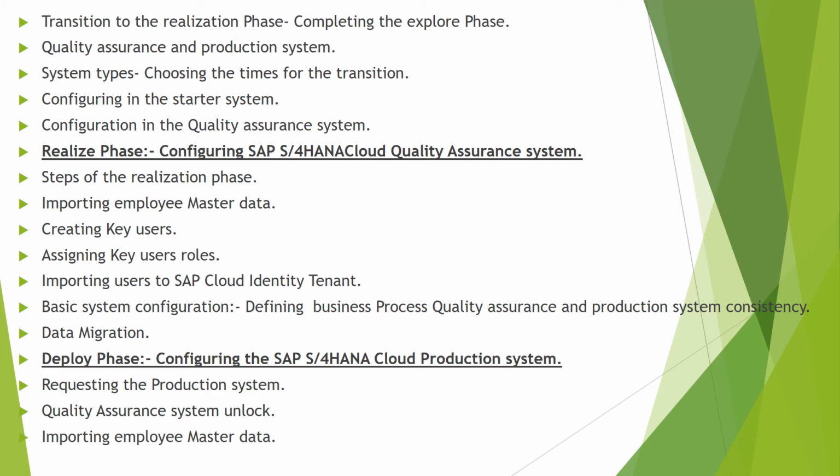Okay, so then system types. So what are the system types? To use SAP S/4HANA in production, SAP generally recommends multi-system landscapes. Consequently, a two-system landscape is also used for SAP S/4HANA Cloud.